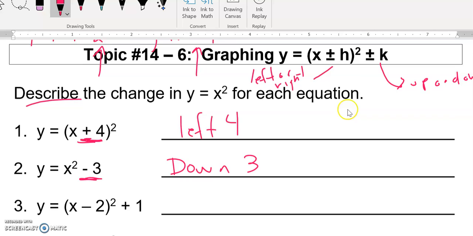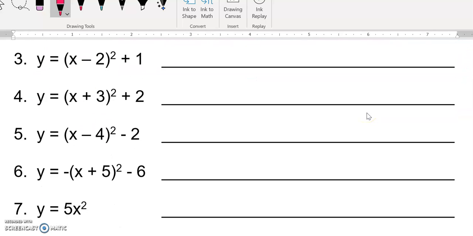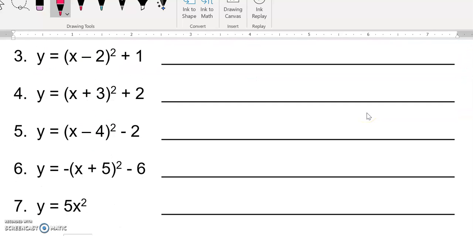This should all be a review because we have done this with absolute value functions. This is minus 2, so that is right 2 because it's inside the parentheses, and then this is up 1.